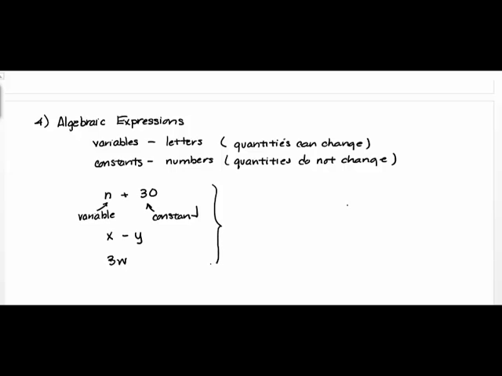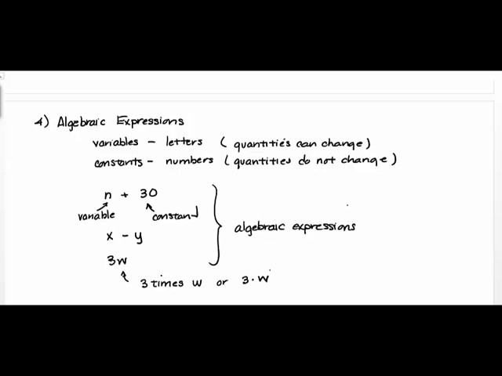All of these are algebraic expressions. And again, this means 3 times w, right? If you don't see an operation between a number and a letter, it's assumed to be multiplication. So it's 3 times w.